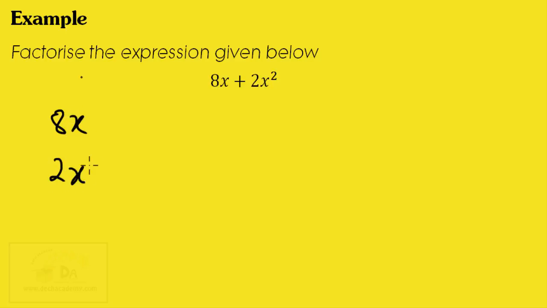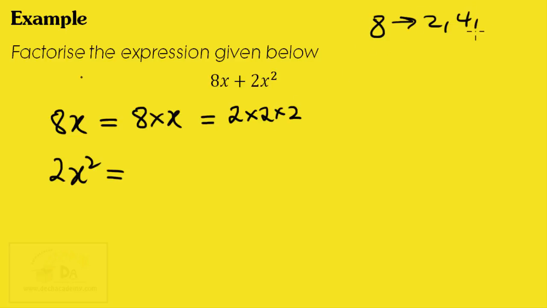In order to determine the HCF, we have to express each term as a product of its prime factors. So 8x is 8 times x. 8 as a product of its prime factors is 2 times 2 times 2. As you know, 8 has factors 2, 4, and 8. Only 2 is a prime number, so only 2 is a prime factor of 8. So 8 as a product of its prime factors is 2 times 2 times 2, and then we have times x here.